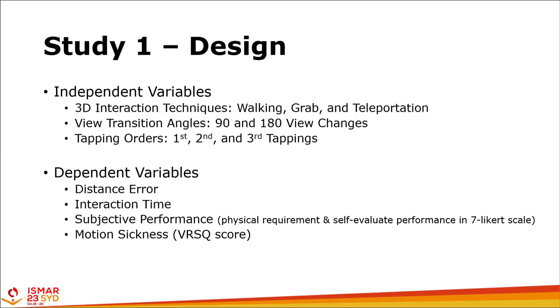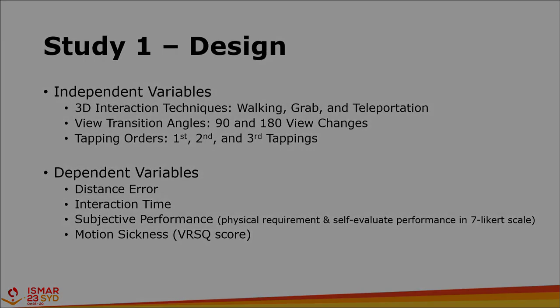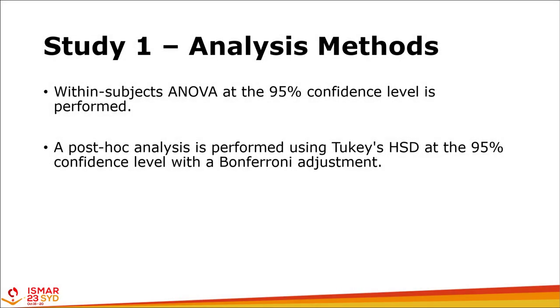We have 4 dependent variables of task distance error, interaction time, subjective performance, and motion sickness. Study results were analyzed by using within-subjects ANOVA at the 95% confidence level. A post-hoc analysis was performed using Tukey's HSD at the same 95% confidence level with a Bonferroni adjustment.